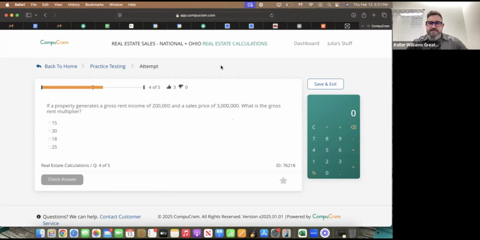What's the formula for this? I don't know. I guess we're just going to guess and then figure out the formula.